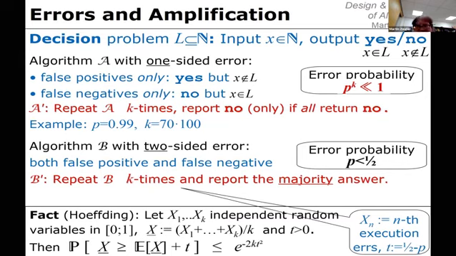So t squared is then 1/4, which cancels with this 2. So that's minus k/2. So if we choose k, for instance, equal to 200, that means that the error probability has become smaller than 2 to the minus 100.